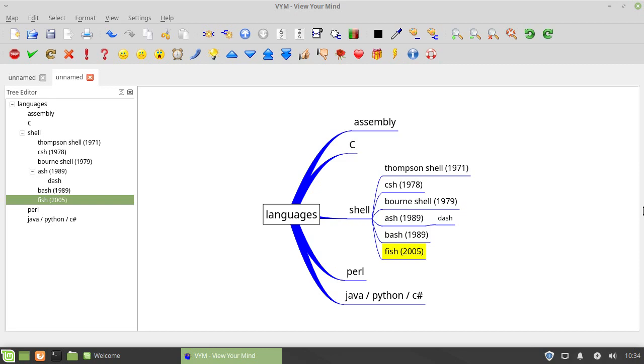So Fish was designed not with the POSIX specification in mind. I don't think it's backwards compatible, and generally it's designed to have a less steep learning curve, to be easier to learn, to be easier to use, to give better feedback, all those things.